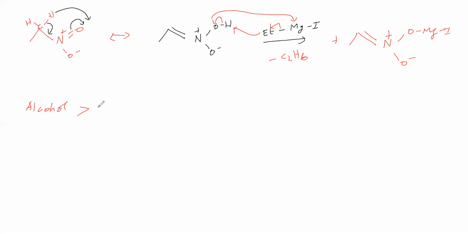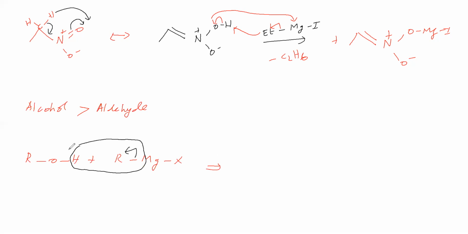Alcohol has higher reactivity when compared to aldehyde with the Grignard reagent. What is the reason? That we'll see. We'll take alcohol and Grignard reagent. What reaction takes place here? Here this bond is shifting to R. This R is taking H plus.